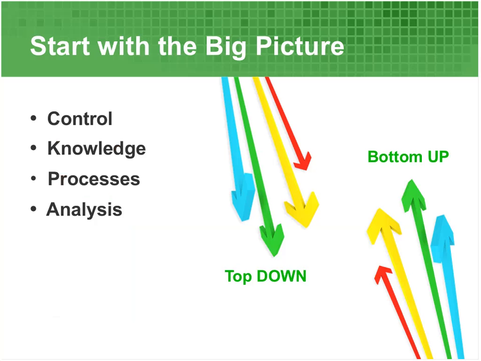Think about the big picture here. It really doesn't matter whether you're about to start a large software development project or a small one, or you're simply trying to better understand your existing development environment. You need control. Control that includes the knowledge of your objects and their locations, the objects being your programs, files, and so forth.